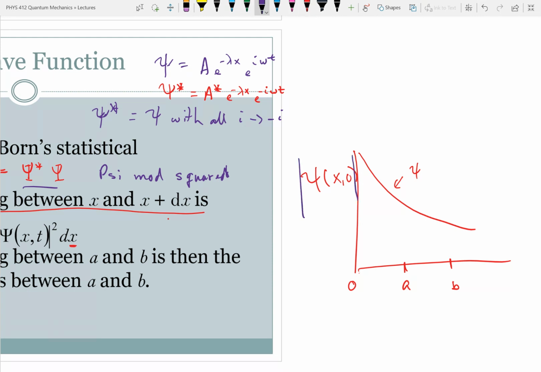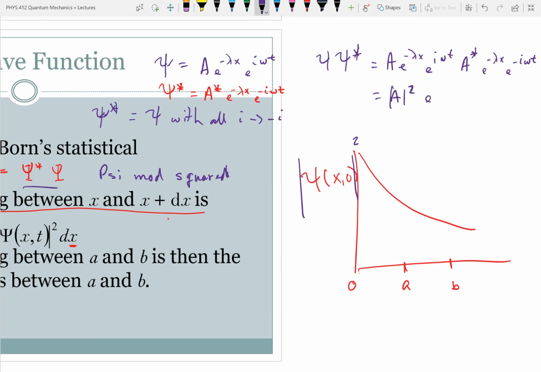If I take psi mod squared, I've written it out long form, but you know that when you're multiplying exponentials, you can combine them and add. So that's equal to A and A star, which is A mod squared, so I'll just put that out front.